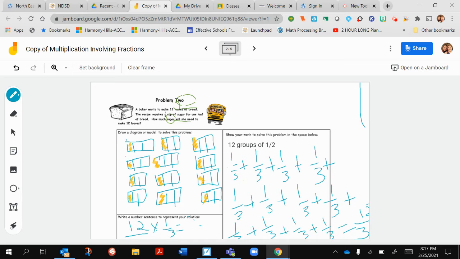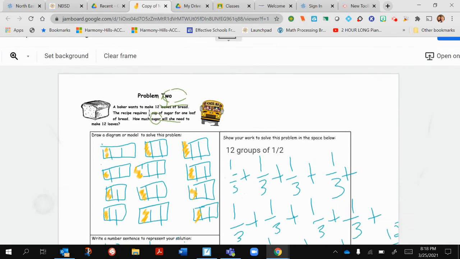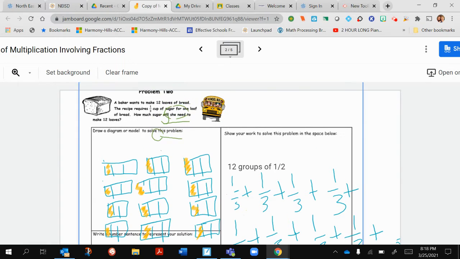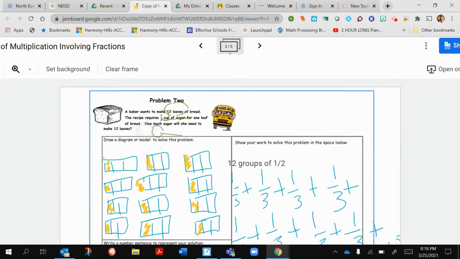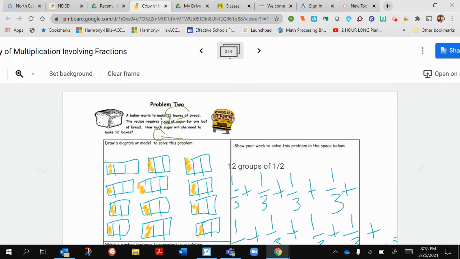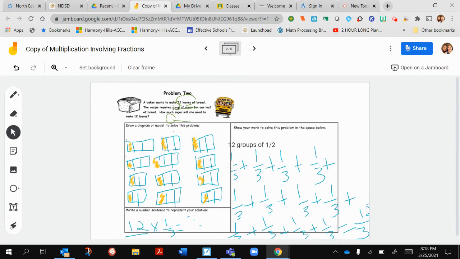Let me see if I can move this. Oh, I didn't have it.